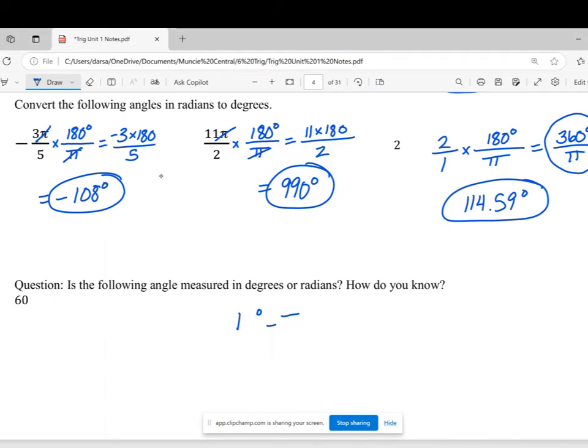So let's look at this next question. How do you know if an angle is measured in degrees or radians? Well, if all you get is the number 60, is this 60 degrees or is this 60 radians?